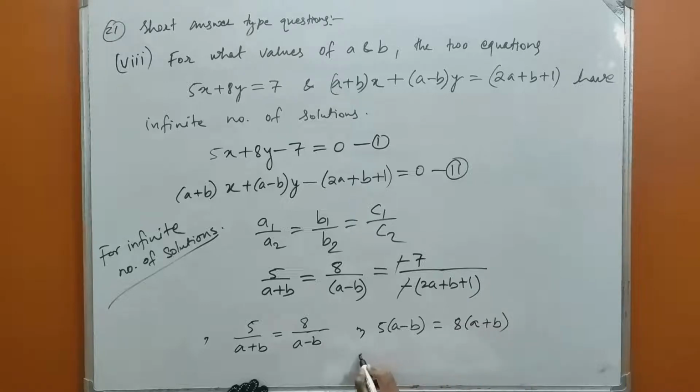This gives us 5 into A is 5A minus 5 into B is 5B equals 8 into A is 8A plus 8 into B is 8B.